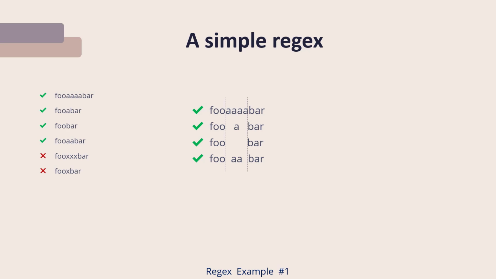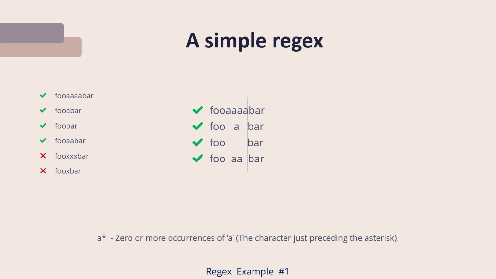To represent this pattern, I'll introduce you to our first regex symbol, which is an asterisk or a star. So in regex language, if you write A star, it represents 0 or more occurrences of the letter A. If you were to say B star, it would mean 0 or more occurrences of the letter B.